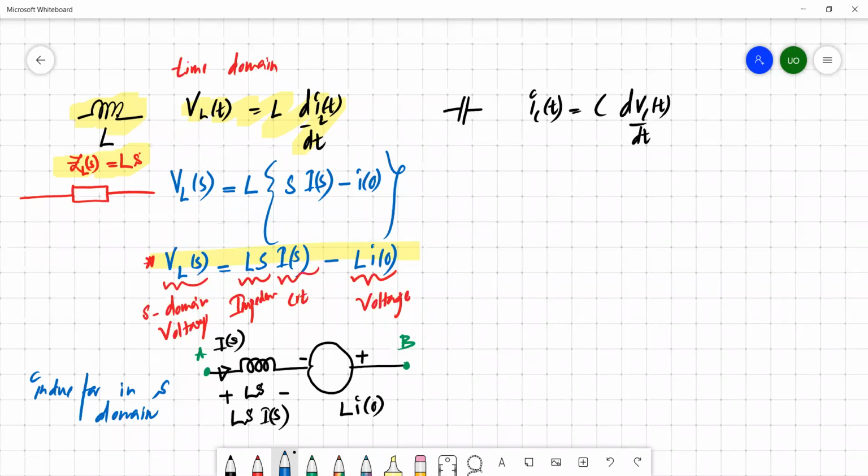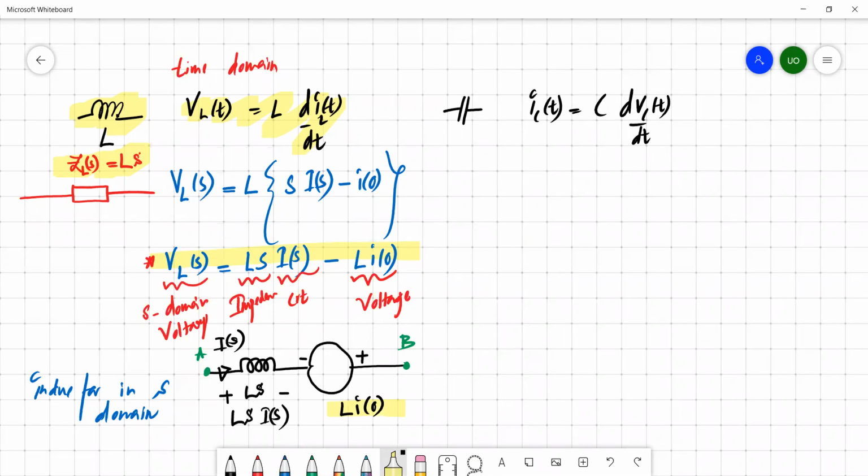So we can replace the inductor in time domain with an element of impedance Ls in S domain. The current flowing through this element is Is. In addition to that, we have a voltage source, and the value of the voltage source would be L times I0, the product of the initial condition of the inductor and the inductance of the inductor. That particular source is connected in reverse to the previous voltage.